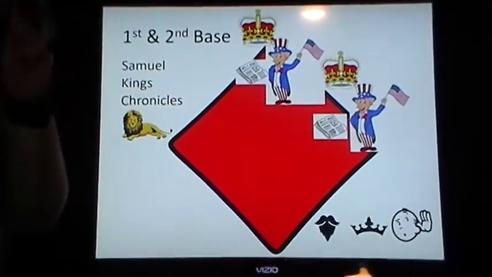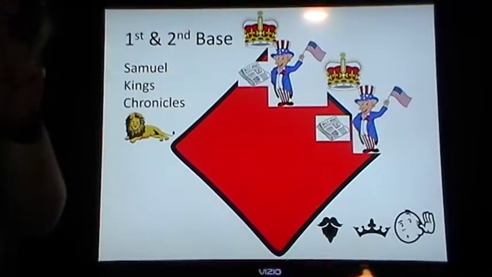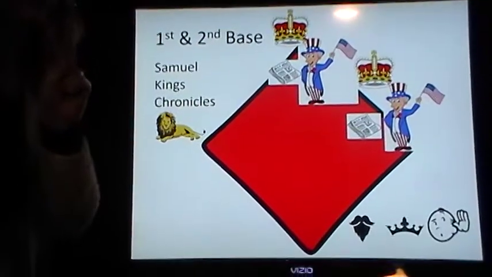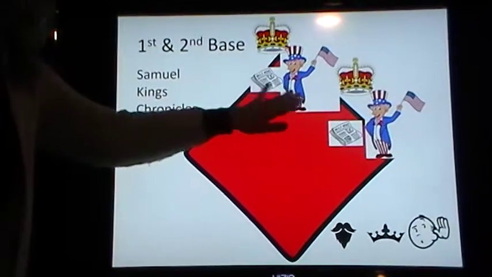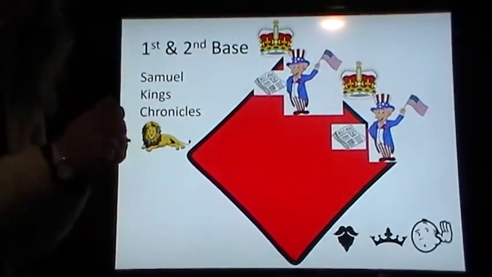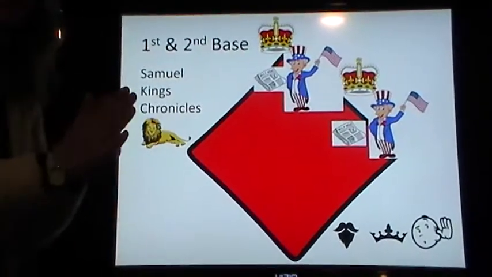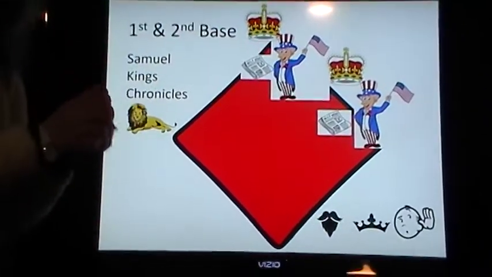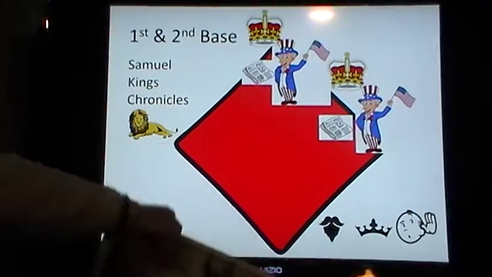So we have first and second Samuel, first and second Kings, first and second Chronicles. And I don't care if you use the idea of the newspaper or the Chronicles of Narnia, but remember, Sam comes first, then the king, then the Chronicles. Okay, so here's our poster for us to review.